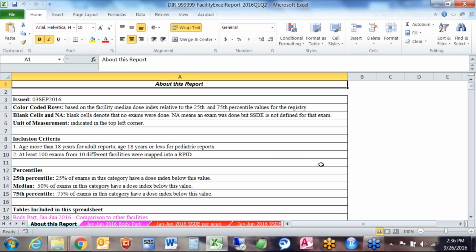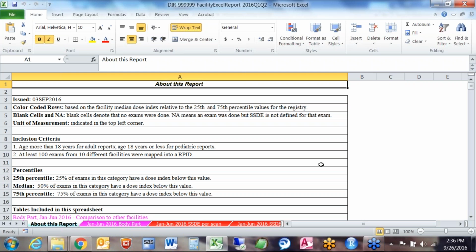So here we are. I hope that you can see it. This is an Excel spreadsheet report, a sample facility spreadsheet report. Actually not real data, but all the comparisons are real data. The first page shows an introduction about the report.